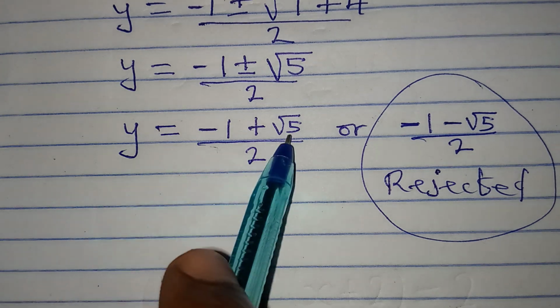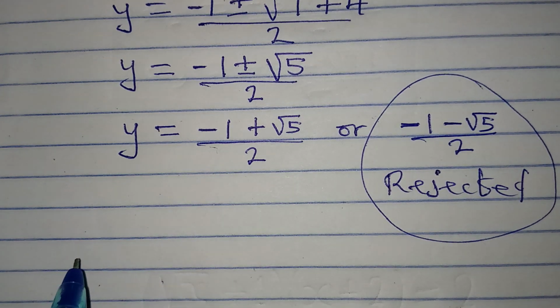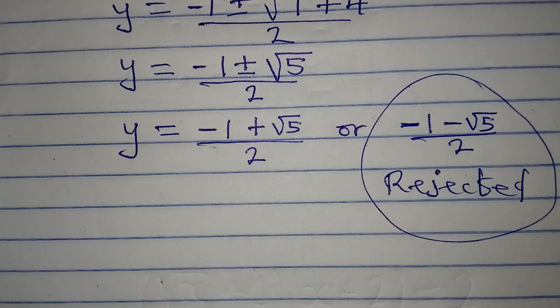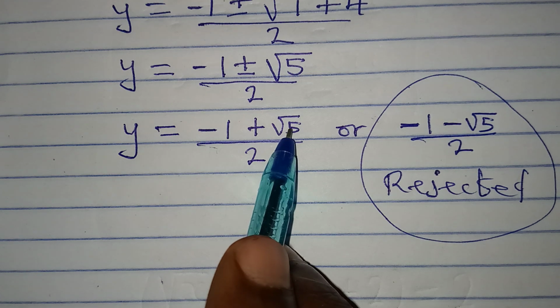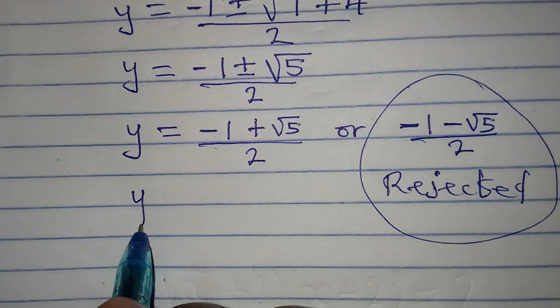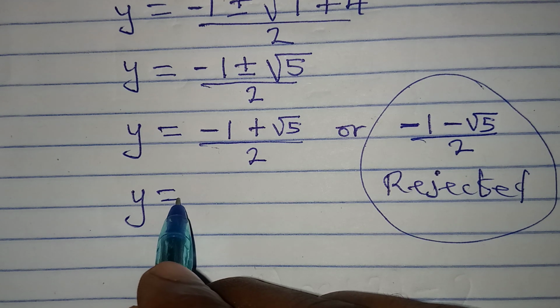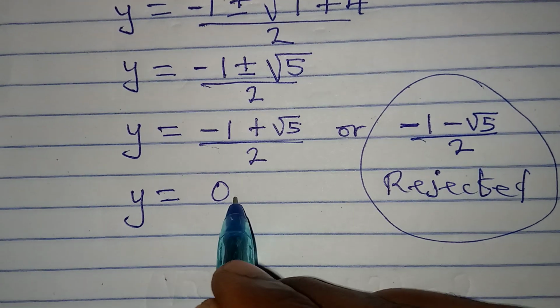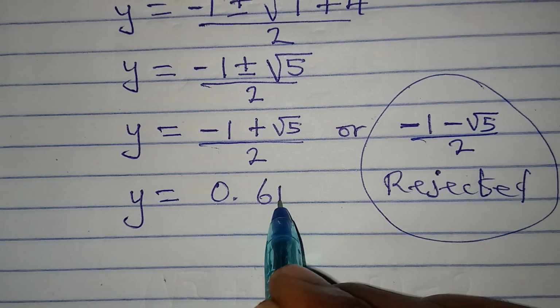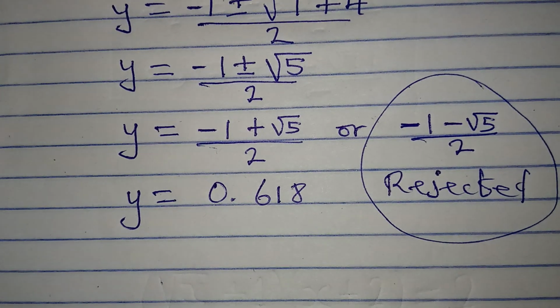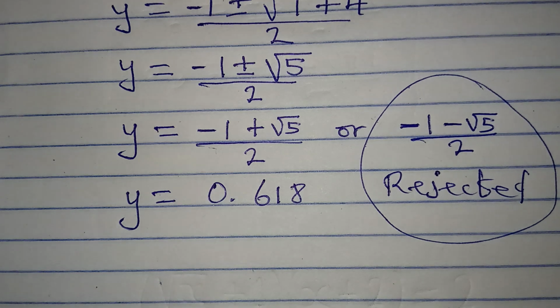Now, let's continue with the first one because this is going to give us a positive value. Remember, we are dealing with decimal numbers, so we have to use a calculator to get the value of root 5. At the end of the day, if you work on this, you end up having 0.618 approximately.